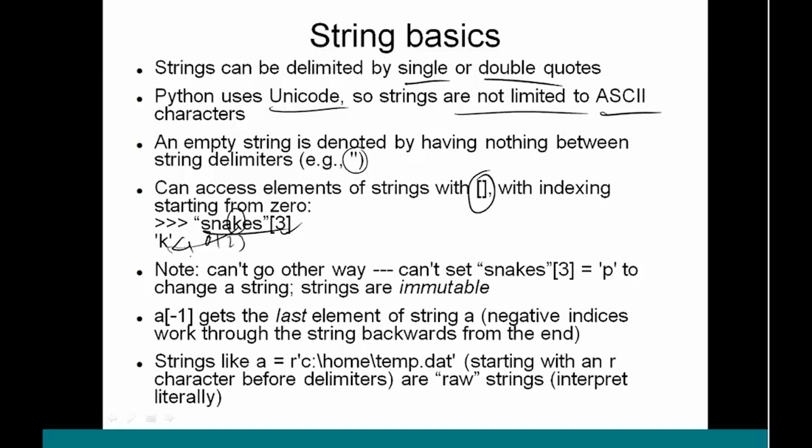The other thing is that strings are immutable. We saw this for the variables: variables are immutable in the sense that we cannot change the value. Here it's the same thing. The strings are immutable, so you cannot assign to snake 3 and expect that to work, because snake 3 is always going to be k.